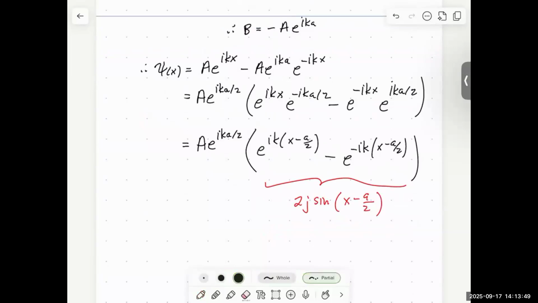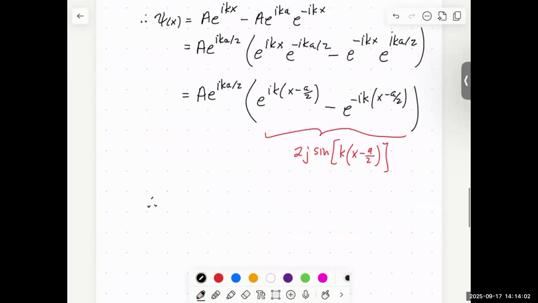I need my k in there: k times x minus a by 2. So therefore, what we have after applying our first boundary condition is 2i a e to the ika by 2. Those are all the prefactors, and they are multiplying sine of k times x minus a by 2.